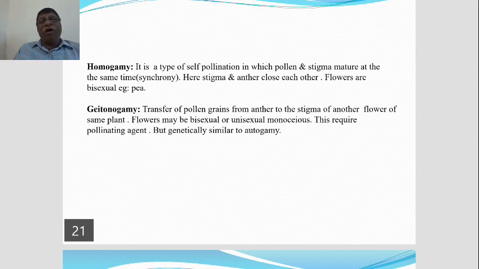I told you why we consider it autogamy: because the genes are not coming from outside. So note the difference between homogamy and geitonogamy. Now we shall proceed to the next one.